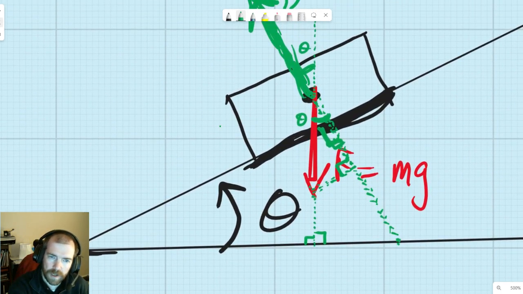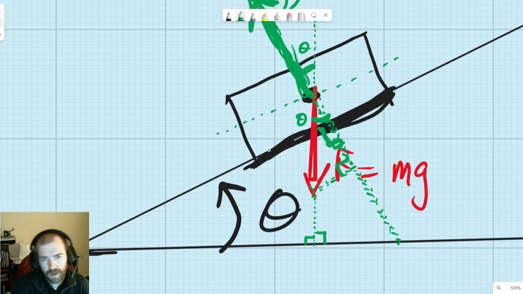Because if we create a parallel line to our inclined plane, and a parallel line to our base down at the bottom, then this angle here is going to have to be theta.